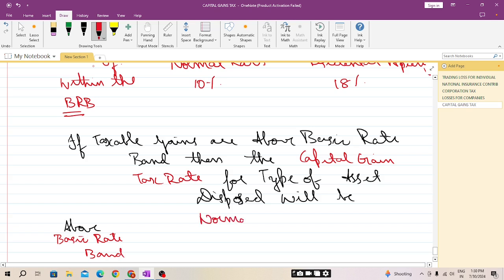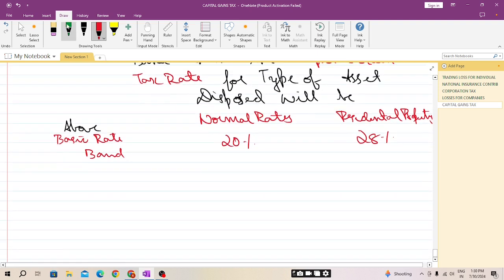Normal rates and residential property rates, that is, here it will be 20% and this will be 28%. I hope this is clear, students.